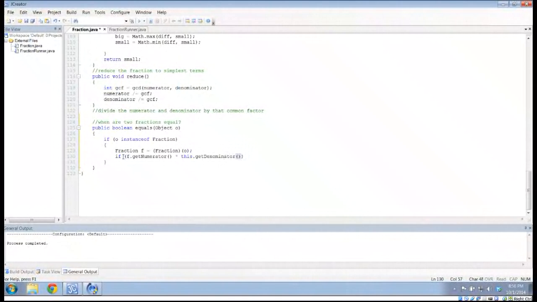So in other words, if I take f's numerator times my denominator, and it happens to be equal to my numerator times f's denominator, and if that's true, then we must be equal, and we're going to return true.